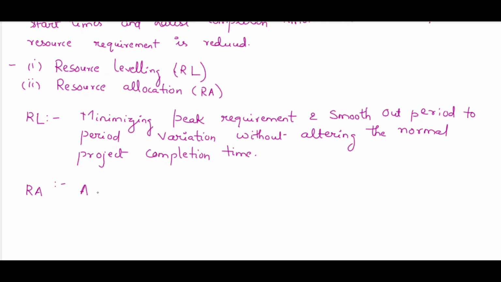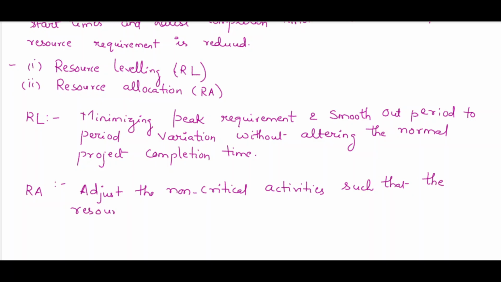So for that we have to adjust the non-critical activities. How will you do it? We can do resource allocation by adjusting the non-critical activities such that the resource requirement in each period is within the constraint.